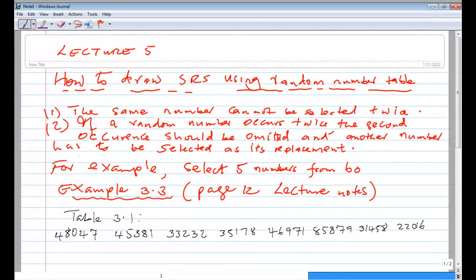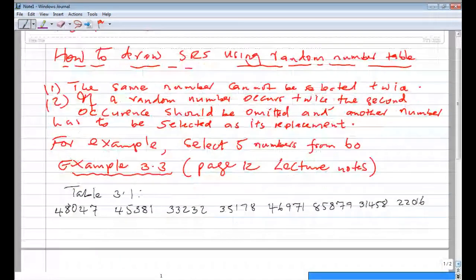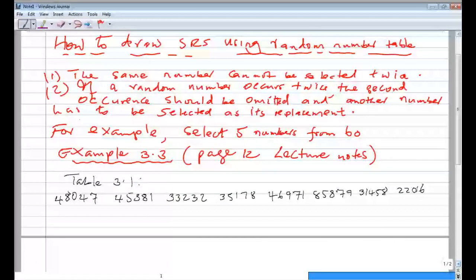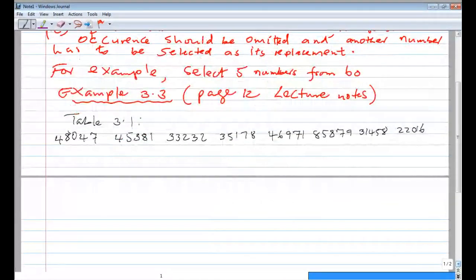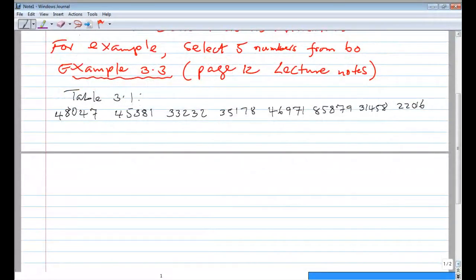So now we just want to select the 5 random numbers using the random number table. This is the table that we're talking about. Before I write some of the values, let me show you what we're going to do.